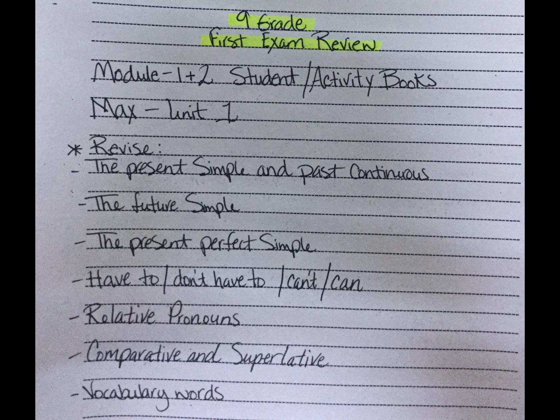And then have to and don't have to, can and can't, the relative pronouns, comparative and superlative, and your vocabulary words. Also, I will bring a small article and maybe a few questions on it. And that's your review for your first month exam.